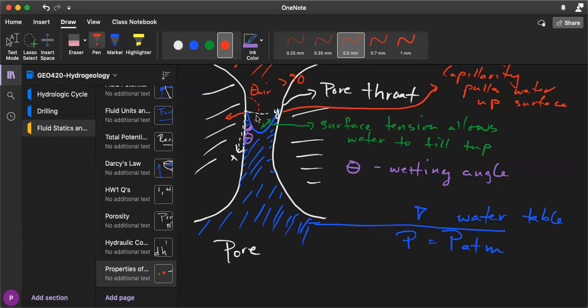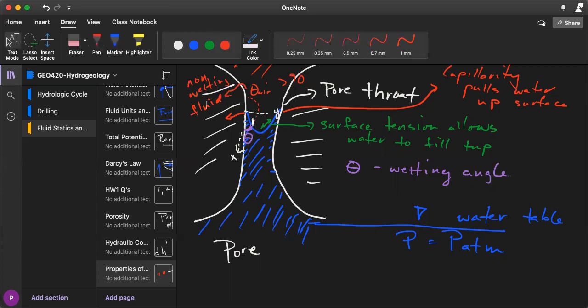Anytime the angle is greater than 90, then you have the non-wetting fluid. So here air we call the non-wetting fluid.